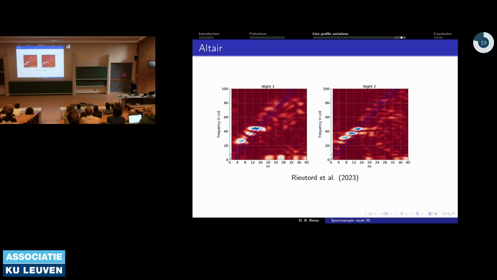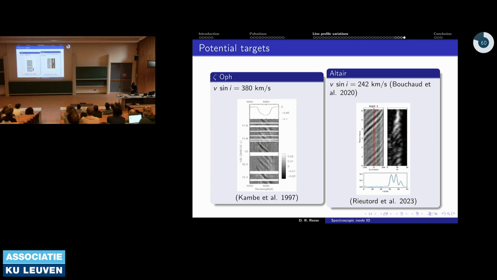In terms of targets, so this is in the wrong order, there's different targets which could be interesting. So you have Zeta Ophiuchi, which is a very fast rotator. And here's some line profile variations which were observed almost 30 years ago. You have Altair, which has been observed more recently, both in photometry and spectroscopy.